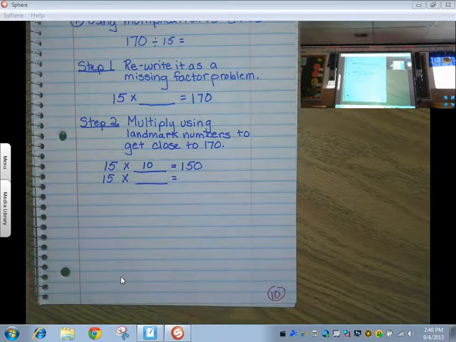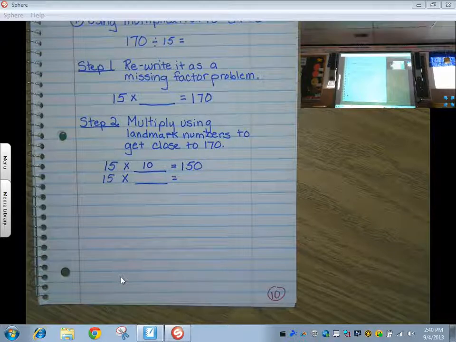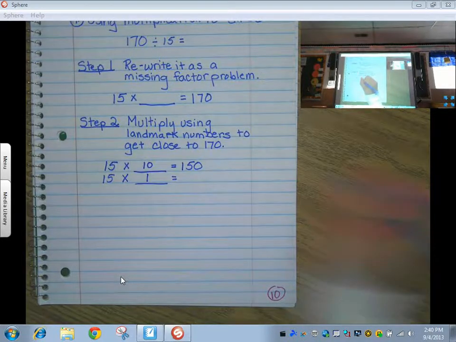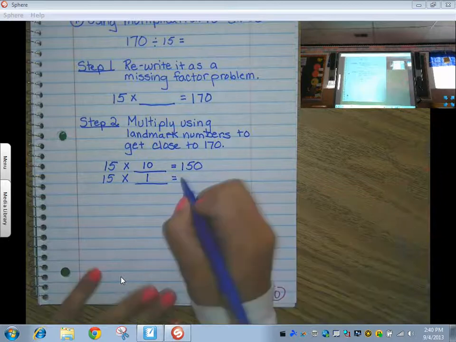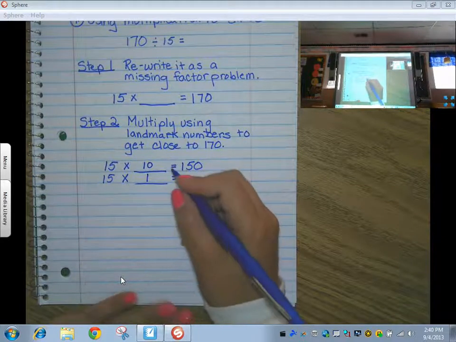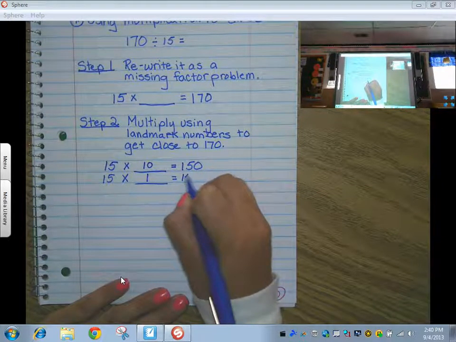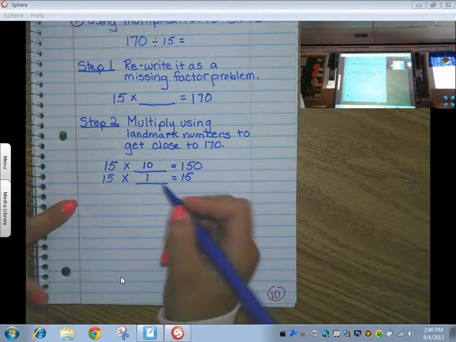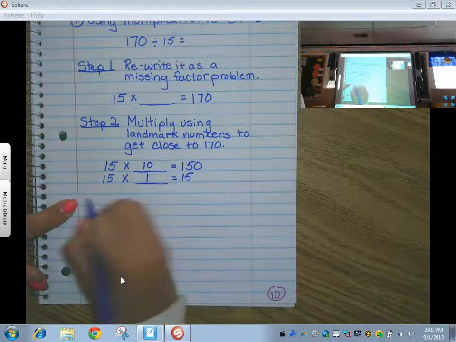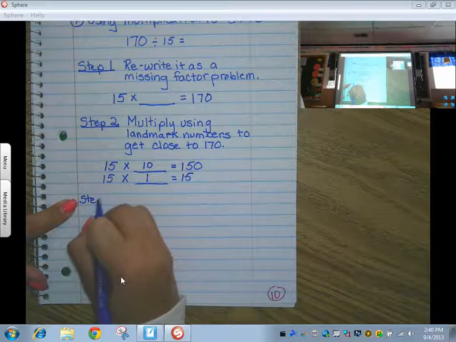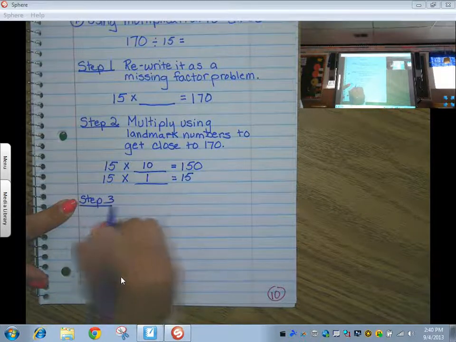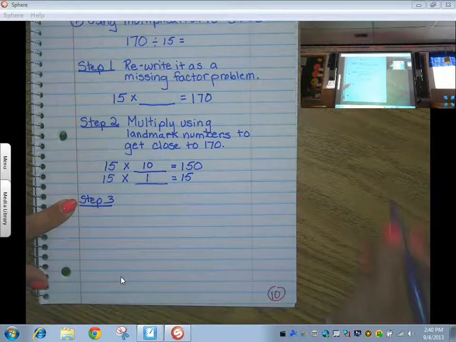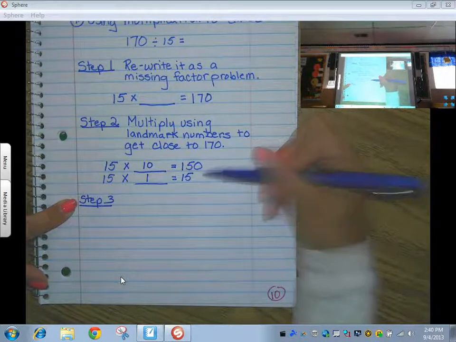Step 3, you're going to add the product. Okay? So, I'm going to add 150 plus 15.